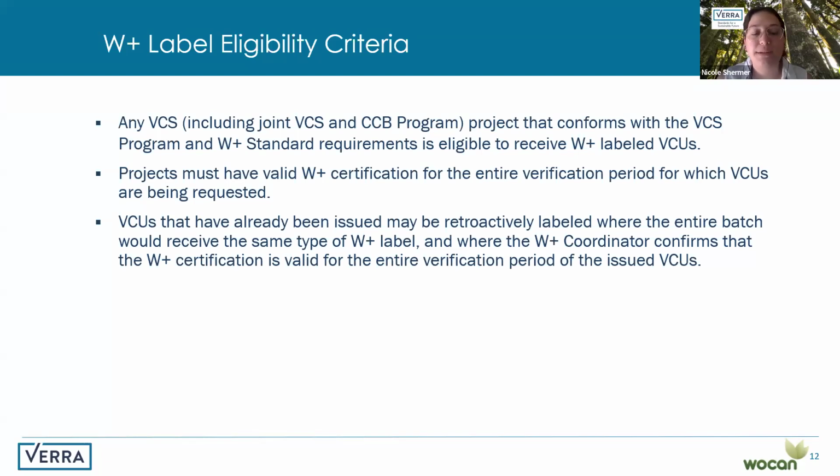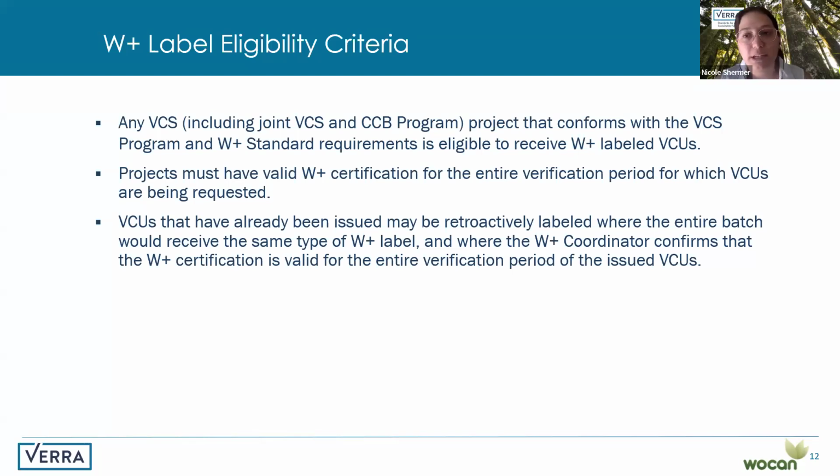The one stipulation we have is that if you are requesting W+ labels for your VCUs for a certain verification period, that W+ standard certification must be valid for the entire period, of course. The overlap has to be there. It is possible to have retroactively labeled VCUs as well.